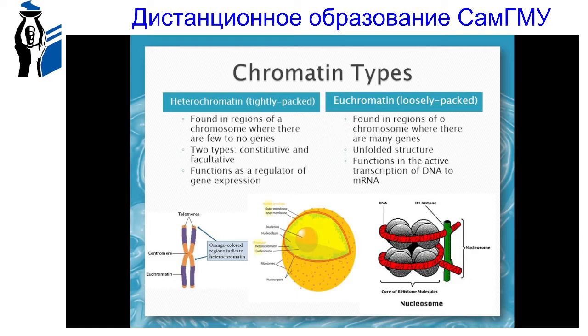Chromatin, from ancient Greek chroma, color, stain, is a nuclear substance that forms the basis of chromosomes. It consists of DNA and proteins, mainly histones. Chromatin is found inside the nucleus of eukaryotic cells and is part of the nucleoid.